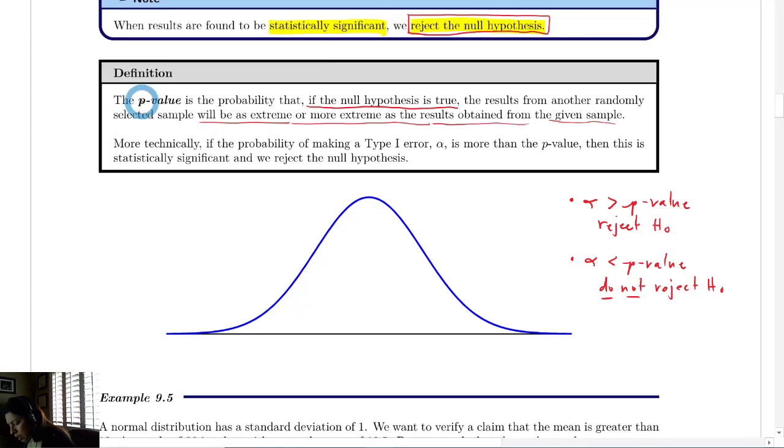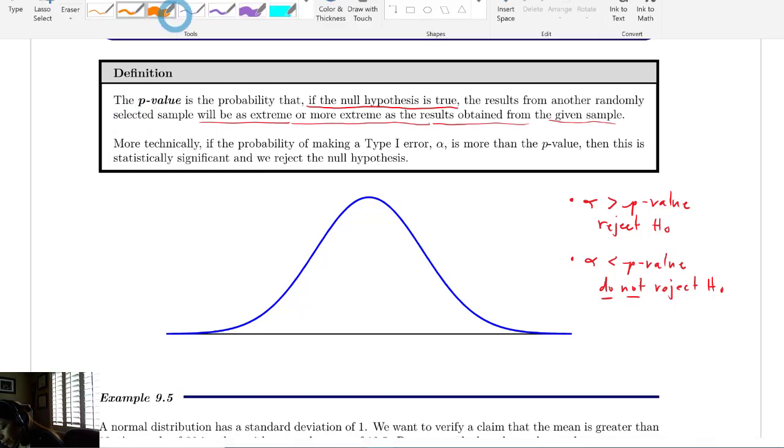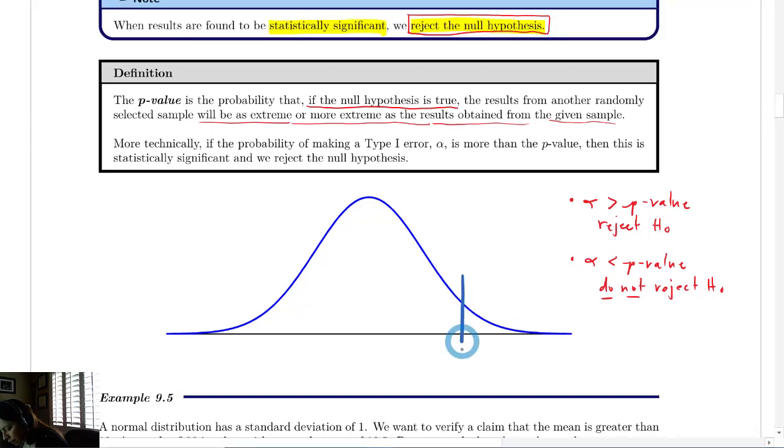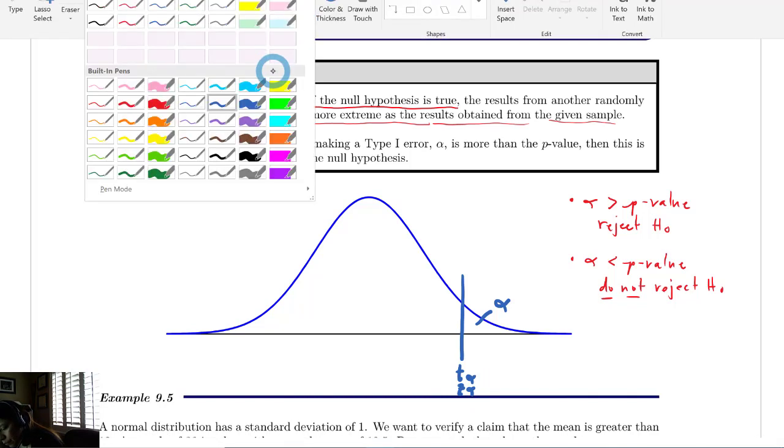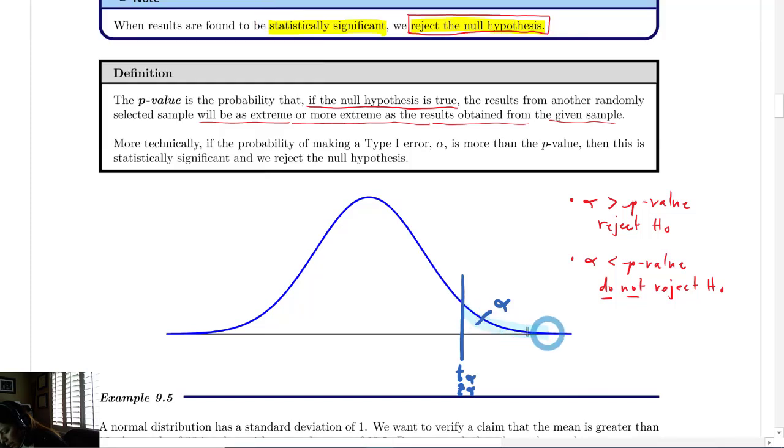Okay. So here's the alpha, right? And this is going to be T sub alpha or Z sub alpha, depending on what distribution we have. And then this is the tail, right?